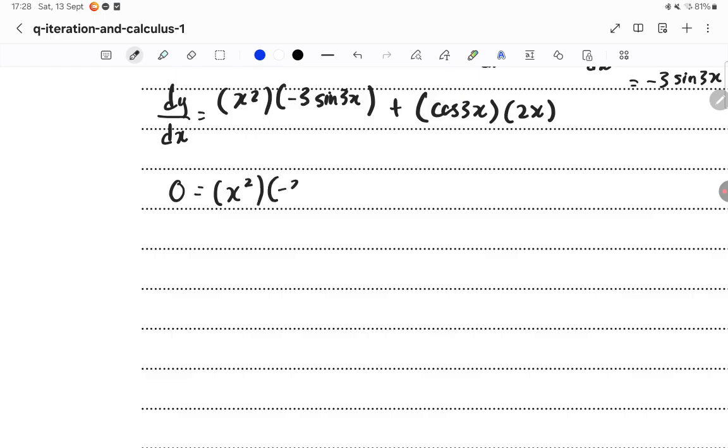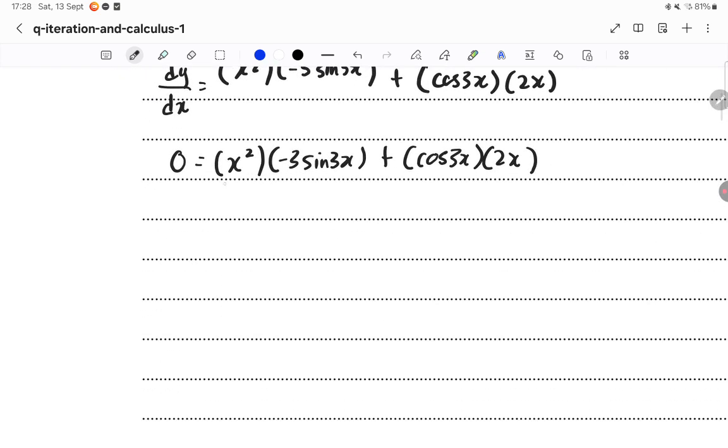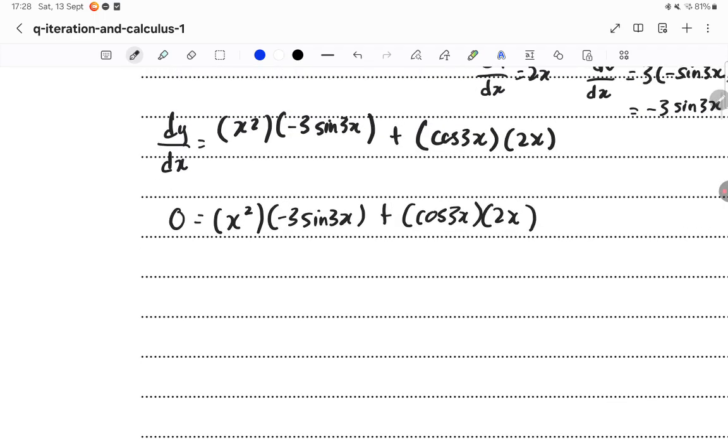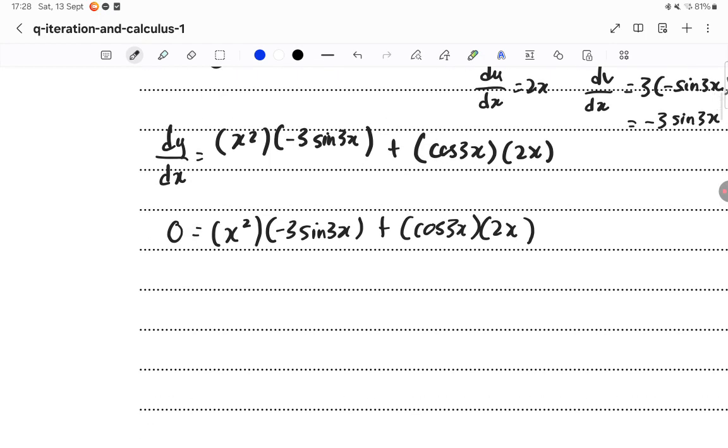I have negative x squared times 3 sine 3x plus cos 3x times 2x. All right, so we're going to solve for x right now. What's our first step? Maybe I can move this to the other side.